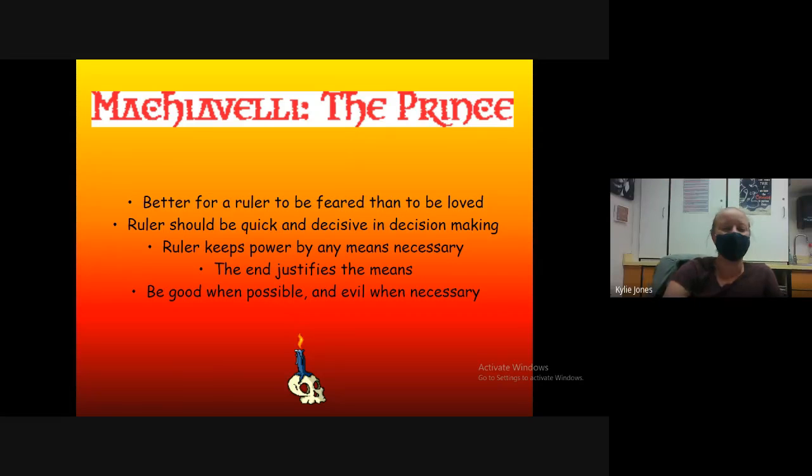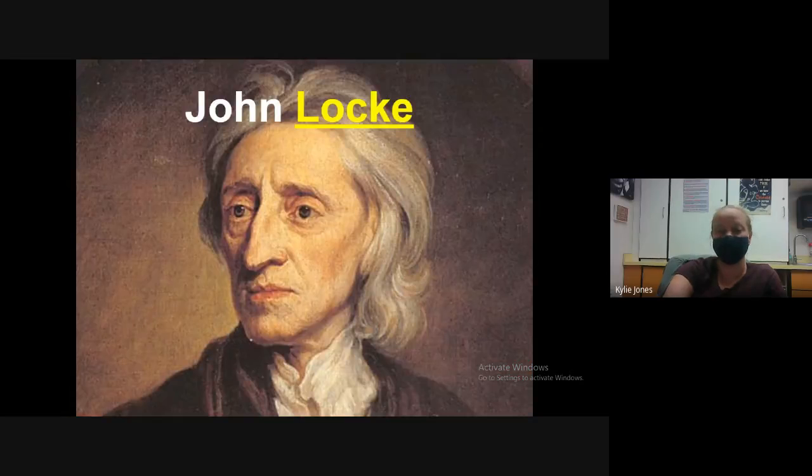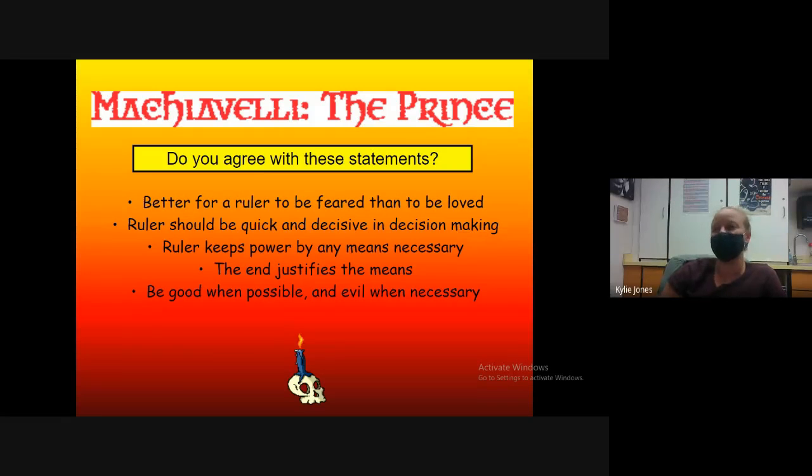So the end justifies the means, so you'll do anything to get your end goal. Be good when possible and evil when necessary. So do you guys agree with this? Is it better for a ruler to be feared? No. No, you should probably like the person that's in charge of you, right? Should a ruler make quick decisions? No. That one's okay. I think that sometimes you have to make some quick decisions and that happens.